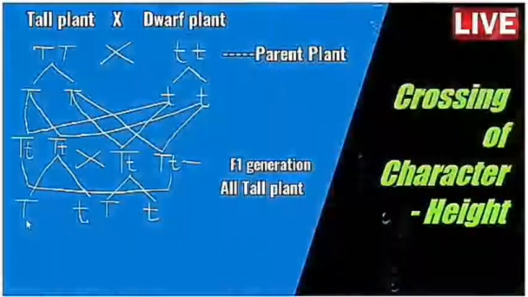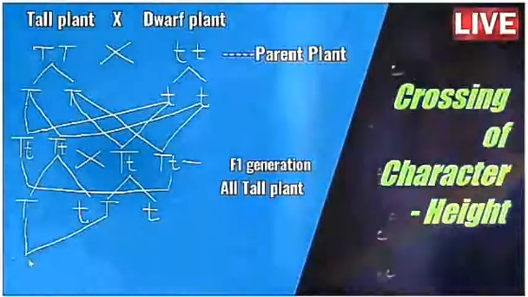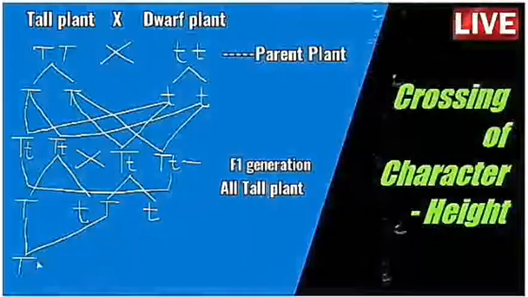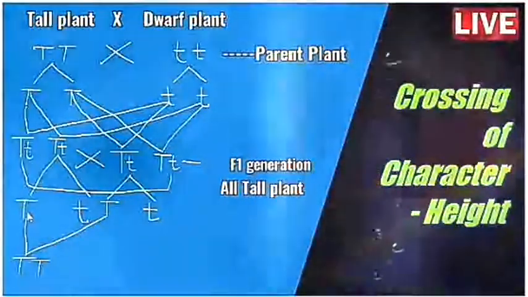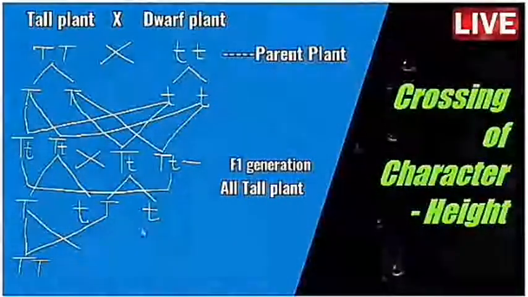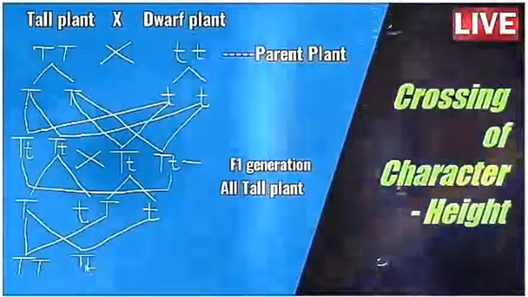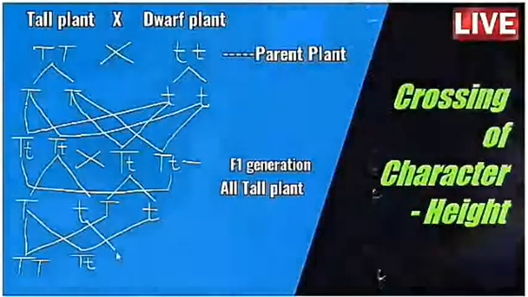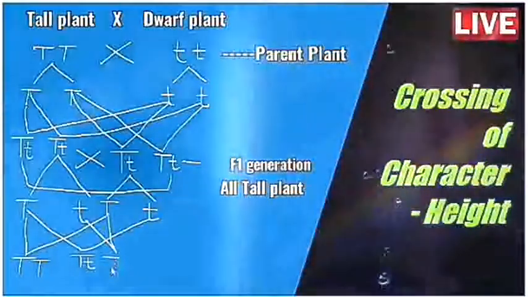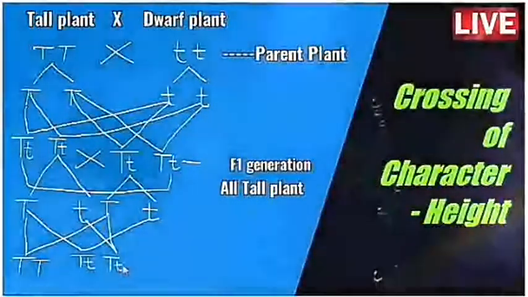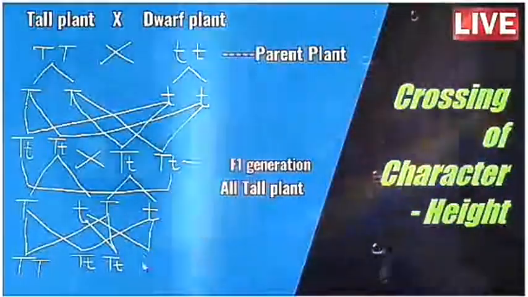When we cross the allele for tallness with another allele for tallness, we obtain homozygous tall. And when we cross the allele for tallness with that of shortness, we obtain heterozygous tall.